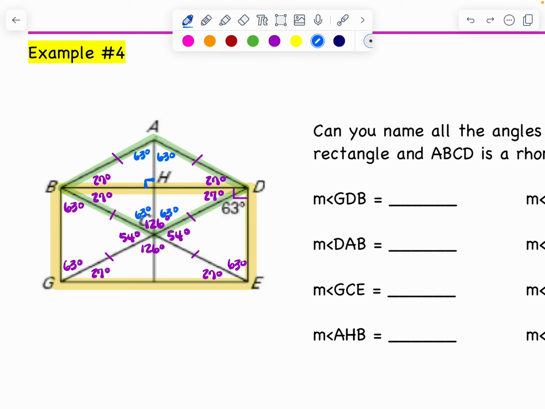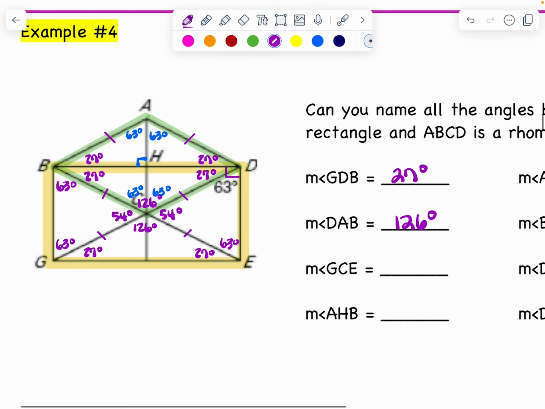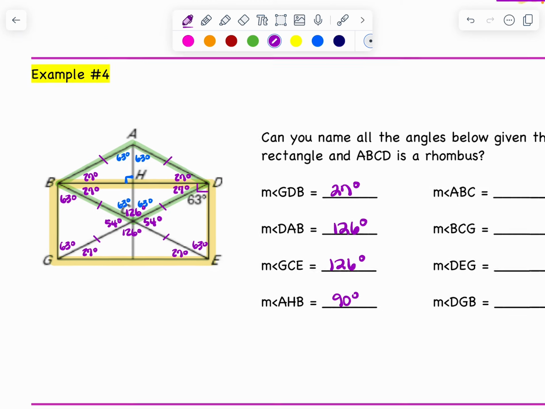But now that I have everything labeled, I can just transfer that information over here to my little blanks. So I'm just going to do that really quick, right? So GDB 27, DAB 126, it's the angle at the very top, GCE 126, AHB 90, right?